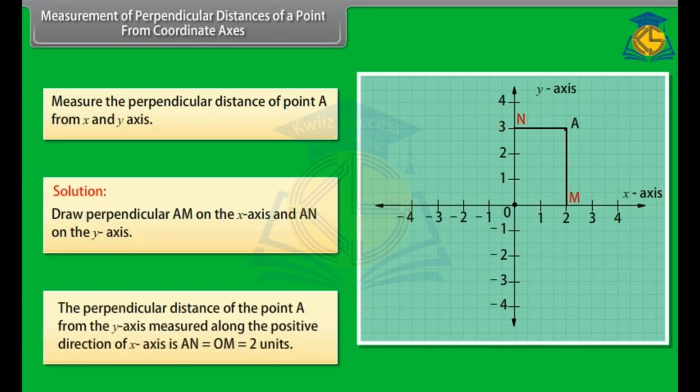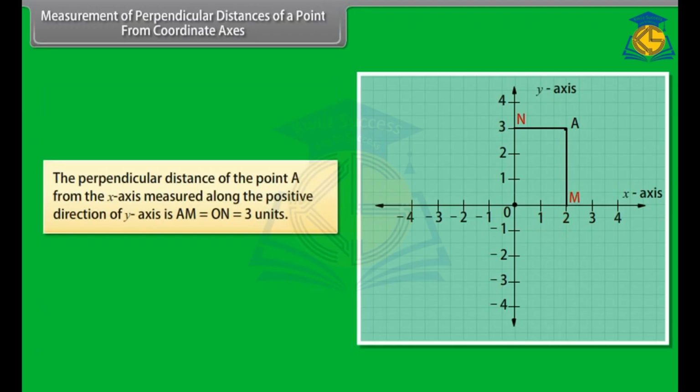We can see that the perpendicular distance of the point A from the y-axis, measured along the positive direction of the x-axis, is AN = OM = 2 units. And the perpendicular distance of the point A from the x-axis, measured along the positive direction of the y-axis, is AM = ON = 3 units.